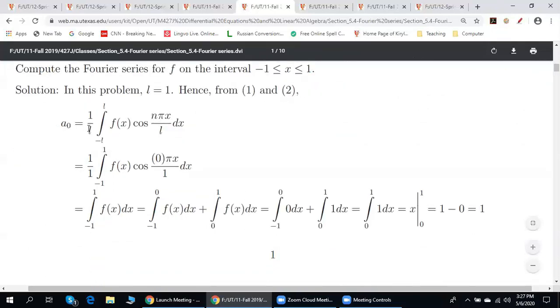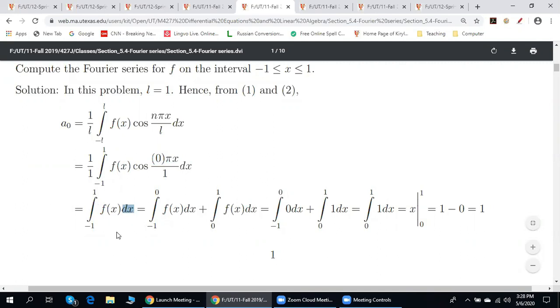We replace L by 1 here, here, here, and here. Done. We also replace n by 0. Done. 1 over 1 is 1. Cosine of 0 is 1, disappears. So a0 is equal to the integral from -1 to 1 of f of x dx.